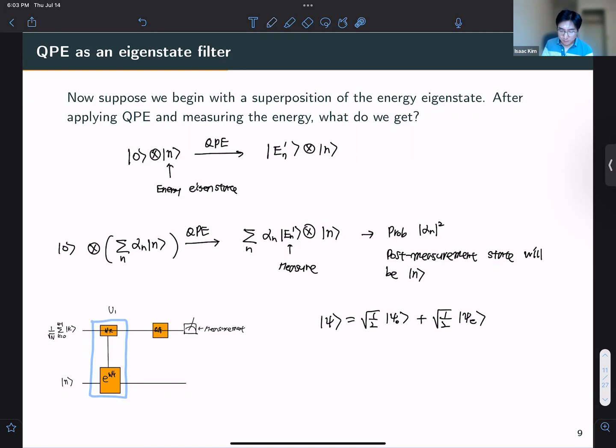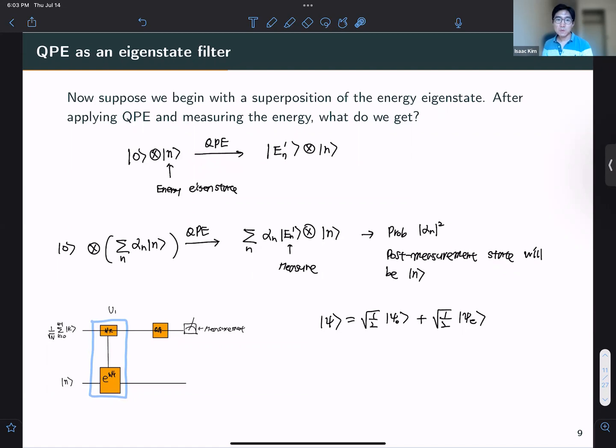So from the perspective of energy, this excited state can have a very high energy. So in some sense, this state psi can have a very high energy compared to the ground state. But as long as you can ensure that you have a high enough overlap with the ground state, you can prepare the ground state by preparing this state psi and running the quantum phase estimation.